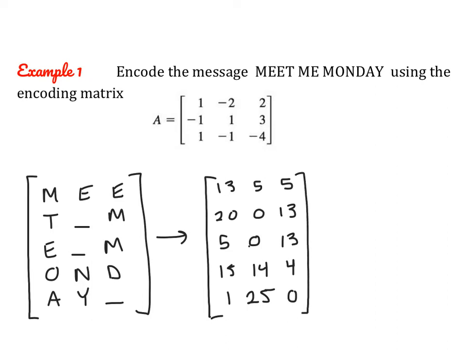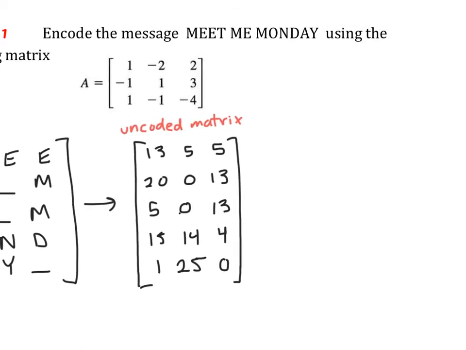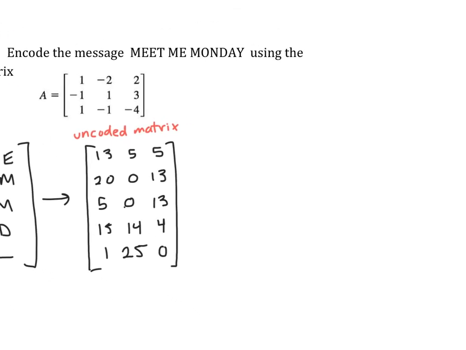So this is what's called our uncoded matrix. So now we have to code it, we have to put it into our secret form by multiplying it by our encoding matrix, which we are given.